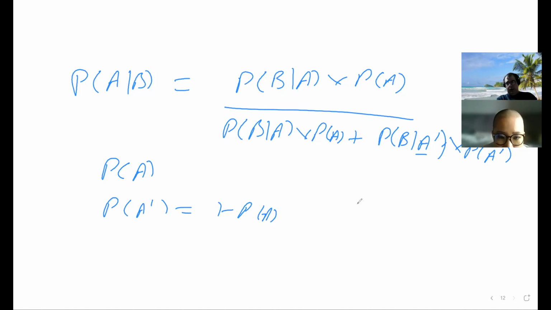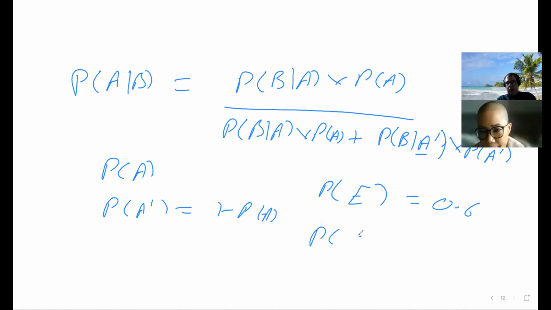See, suppose there is some event which has a probability 0.6. Can you tell me what is the probability of it not happening? 0.4, right?